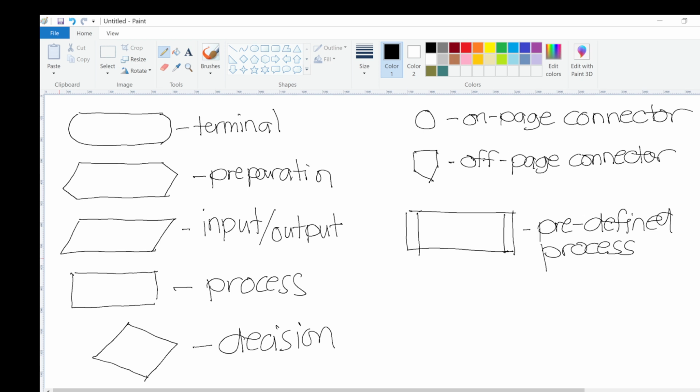And the last symbol that we are going to discuss is the flow lines with the arrowheads.